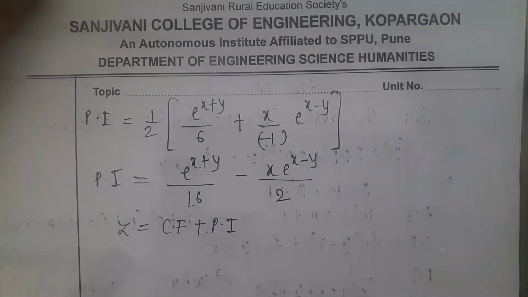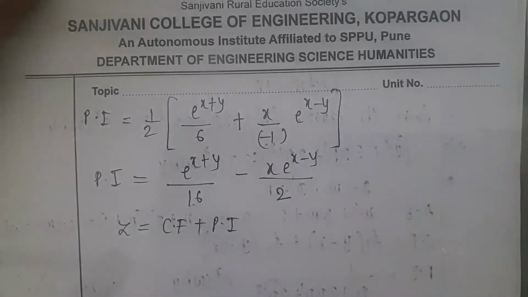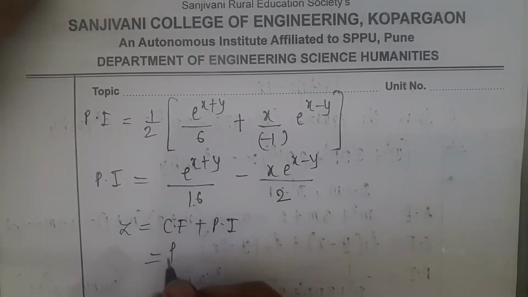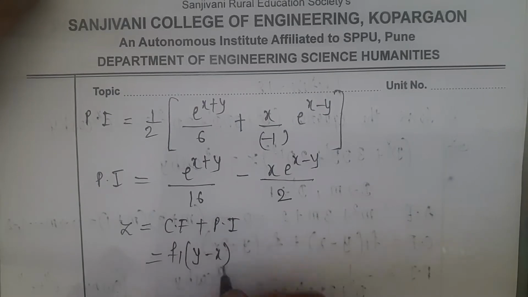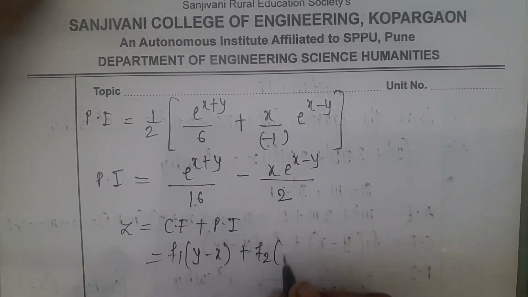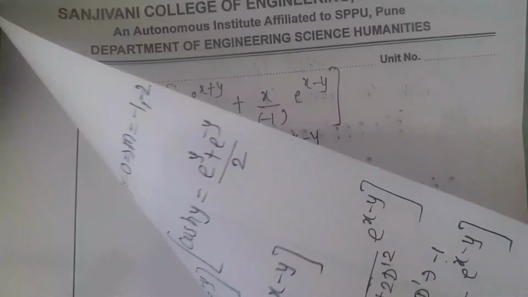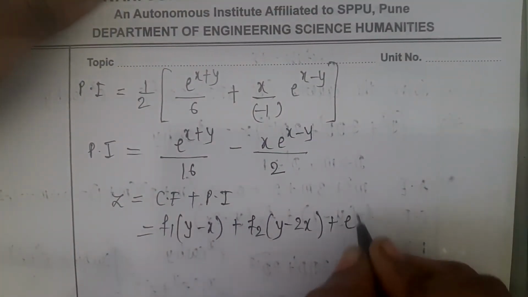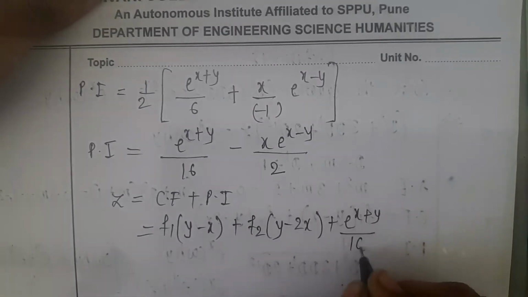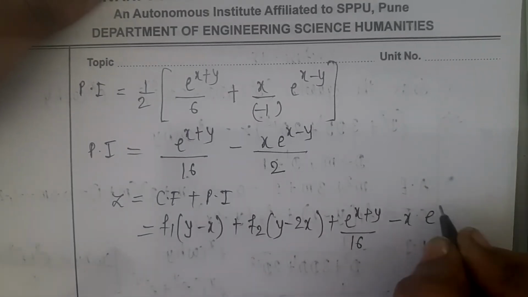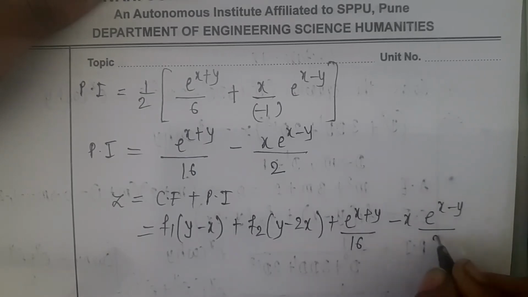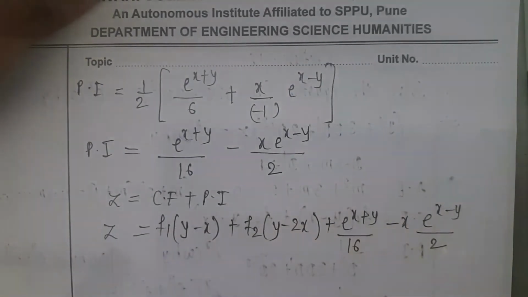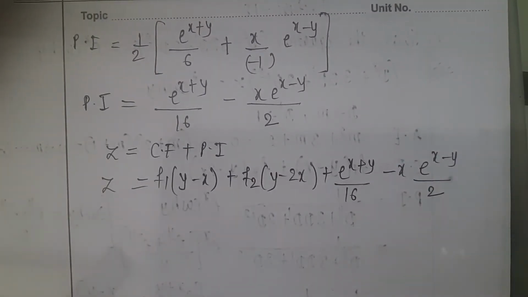So this is equal to, CF is f1 of y minus x plus f2 of y minus 2x, plus e to the power x plus y divided by 16 minus x into e to the power x minus y divided by 2. So this is the final solution for the given differential equation.